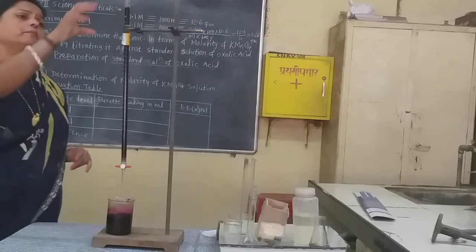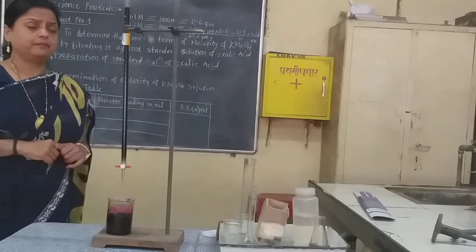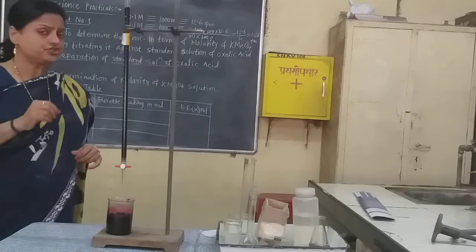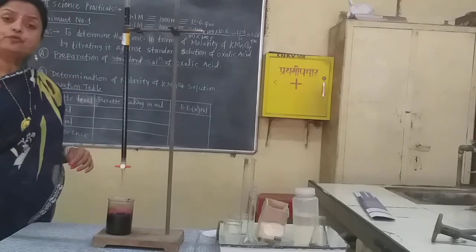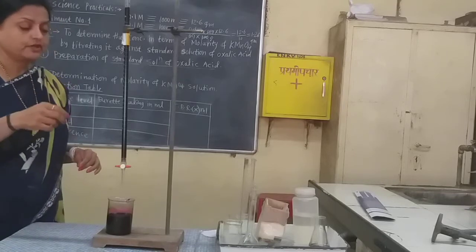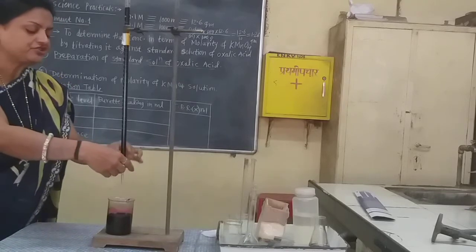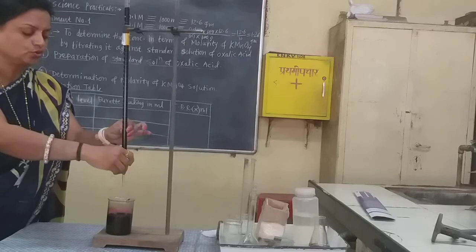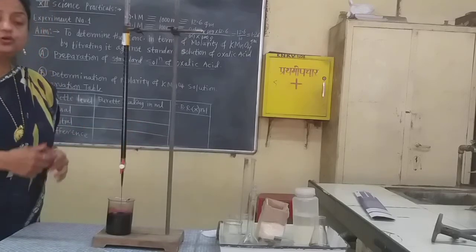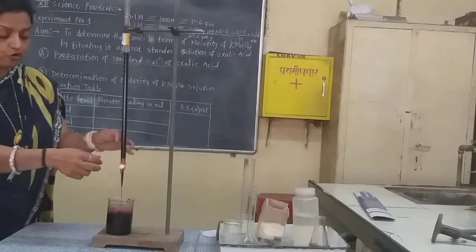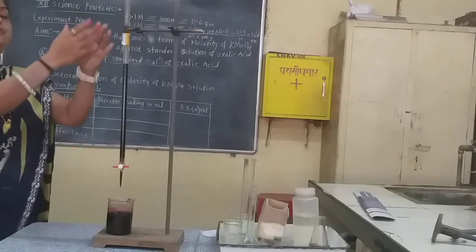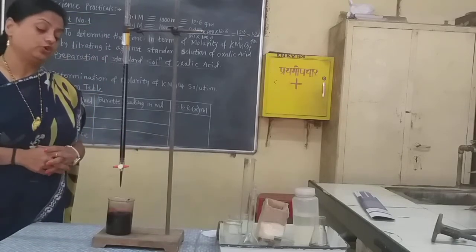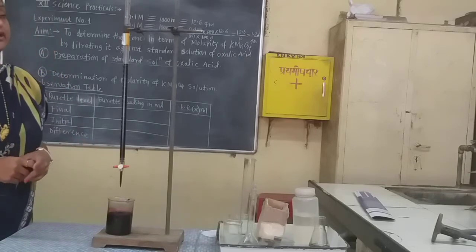Pour more solution for rinsing the burette as well as for removing the air bubbles. We first drain some of the solution from the burette, so the air bubbles are removed and the burette also gets rinsed with the potassium permanganate solution.